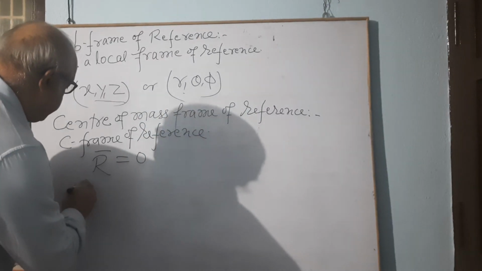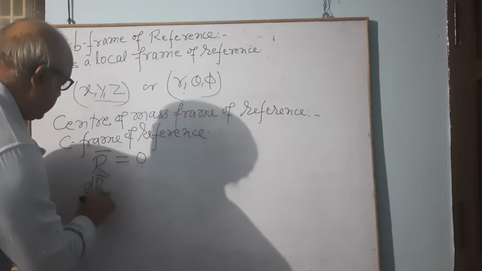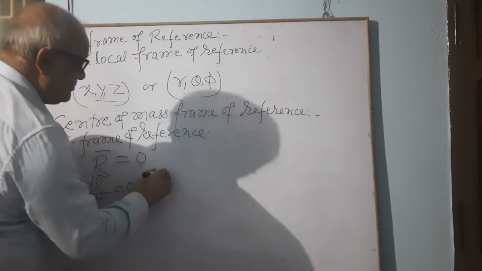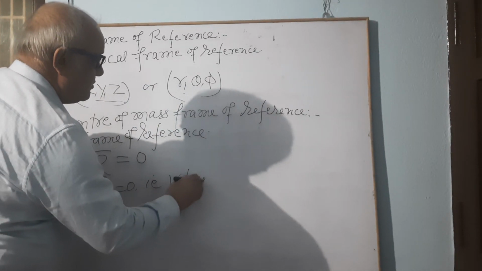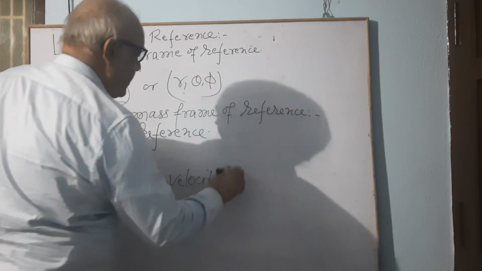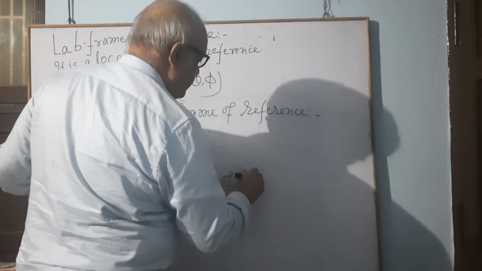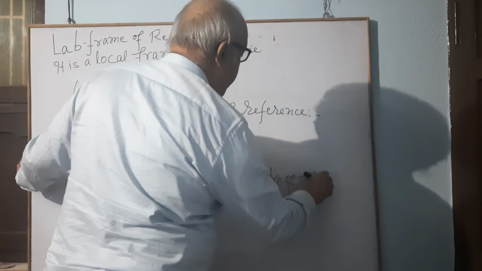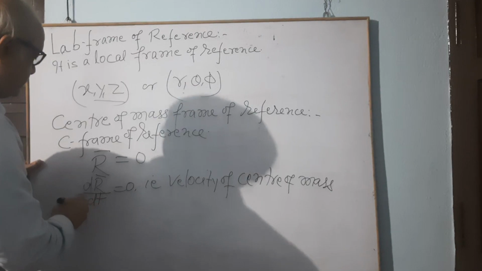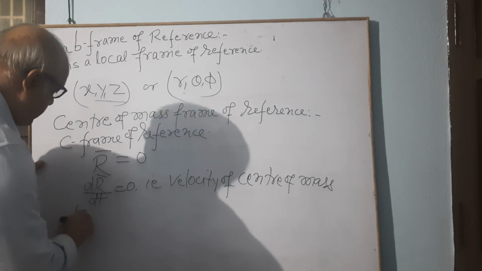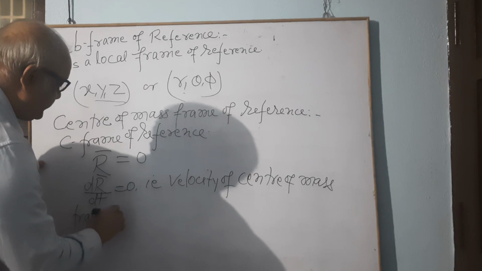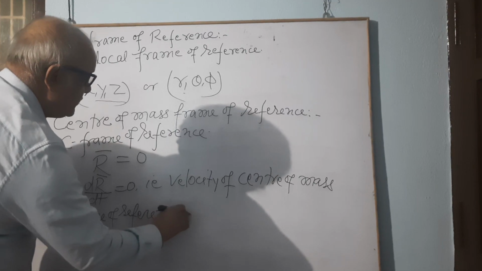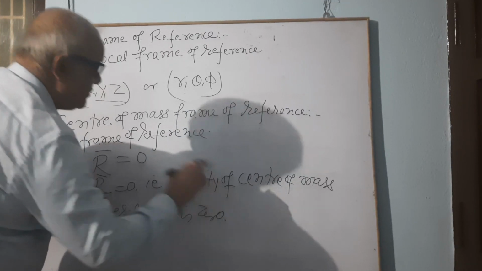So dR by dt is equal to 0, that is, velocity of center of mass frame of reference is 0.